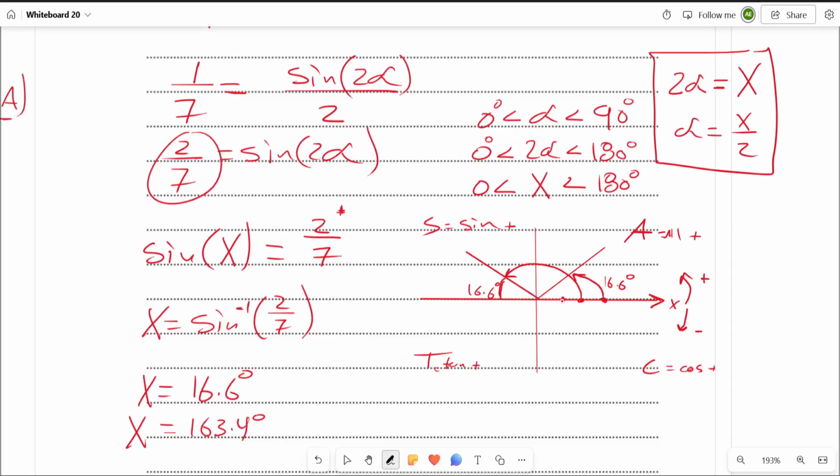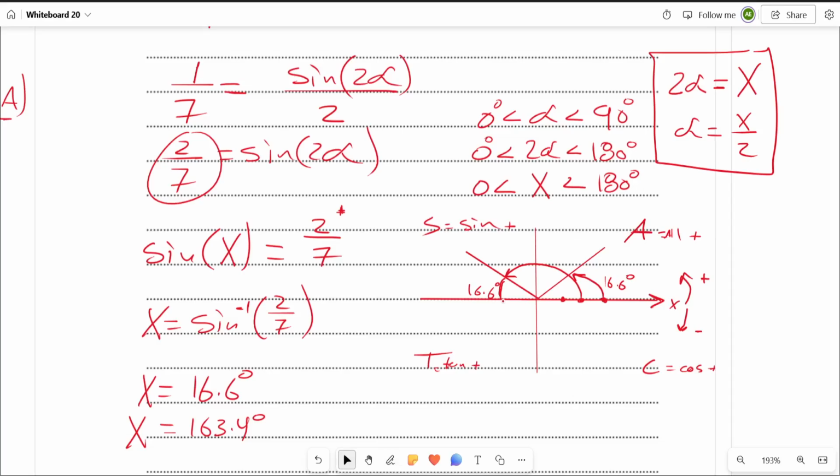Let's see a third solution. You can start from here. This is the first solution we have already done. Second solution already done. We move until we hit this line again. This is the first time I do this revolution and hit it again. So I can see that this angle is a whole 360 plus this small part, which is 16.6.